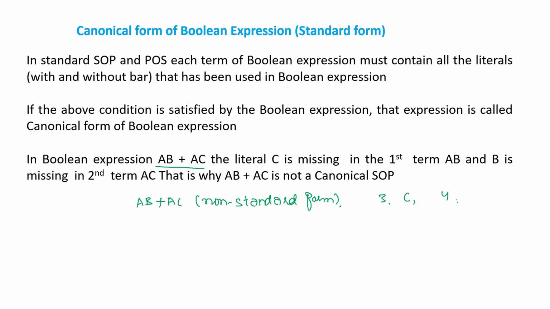If it is a 4 variable, then D is missing, and so on. So if we want to represent it in terms of minterms, then it needs to be converted into canonical form, or we can say it needs to be represented in the form of canonical sum of products. So then things will be better and it's easy to minimize. Otherwise, it is very difficult to minimize.